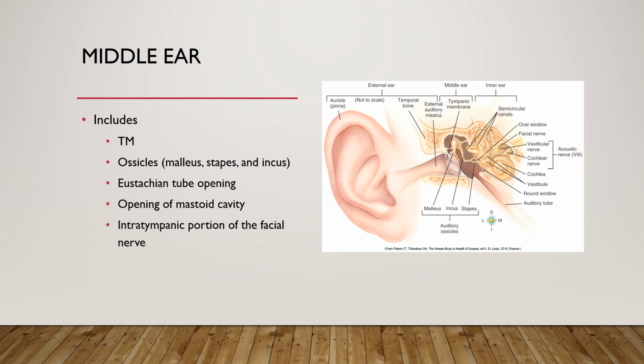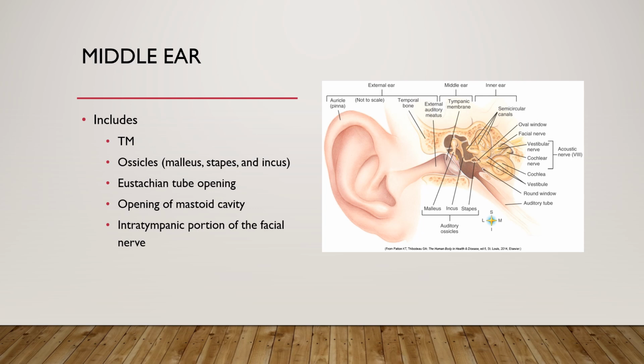All right, so if we're looking here at the diagram, here is our tympanic membrane, and our ossicles are going to be these three little bones right here. 1, 2, and 3. And they're going to open into the oval window, which is right underneath where my pointer is right now. So the malleus, also known as the hammer bone, is the most lateral, and it's partly embedded into the tympanic membrane.